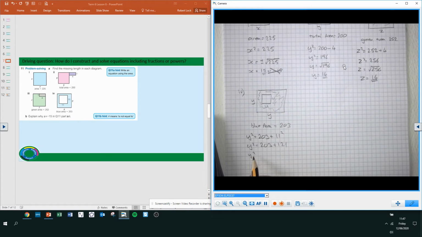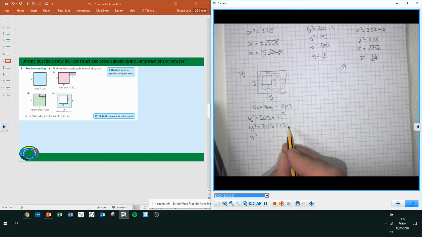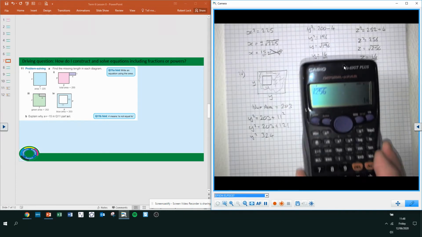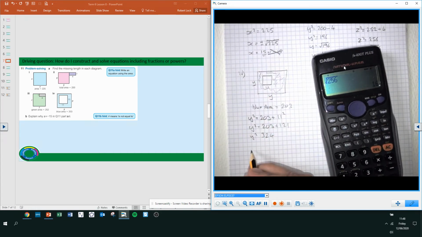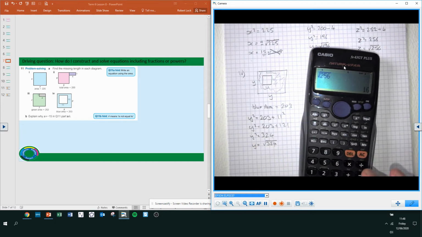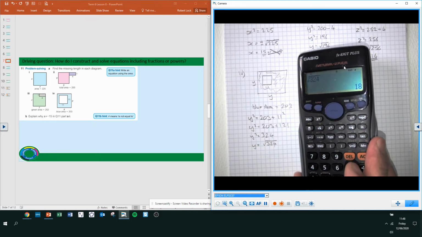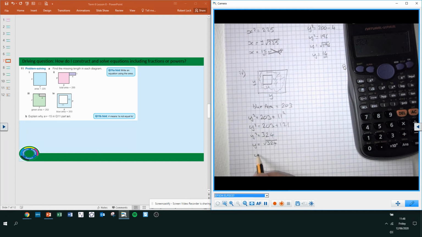So y squared equals 324. So we need to write down y equals the square root of 324. Square root of 324 is 18. So y equals 18.